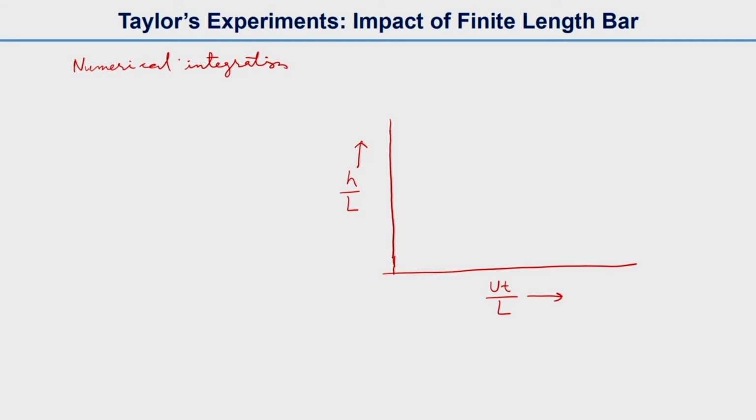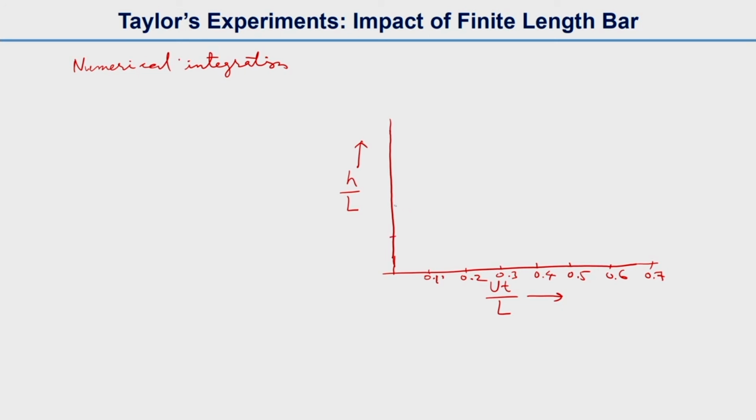So that is like if you have this as 0.1, 0.2, 0.3, 0.4, 0.5, 0.6 and 0.7.